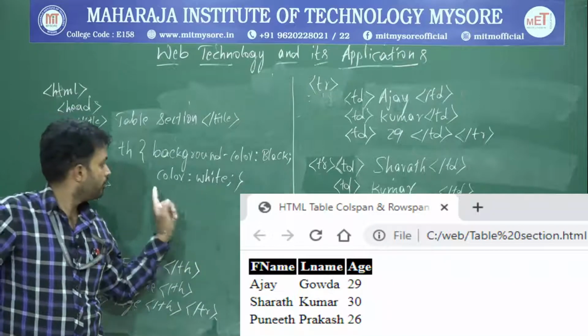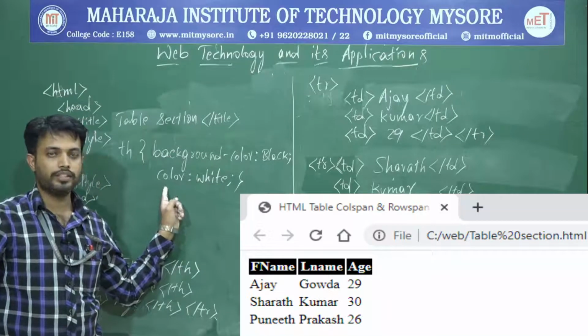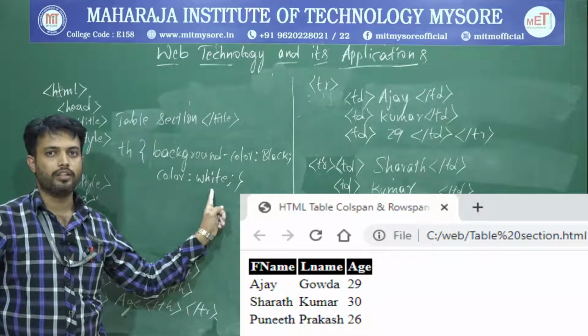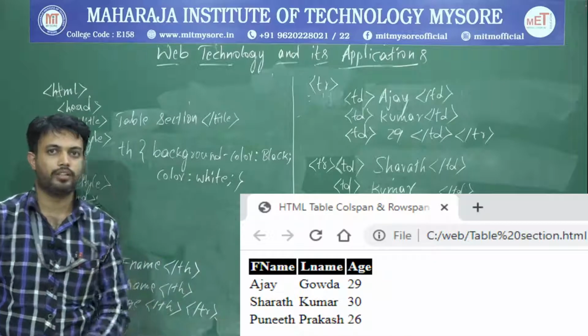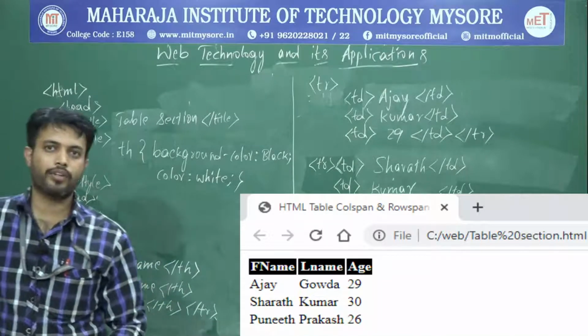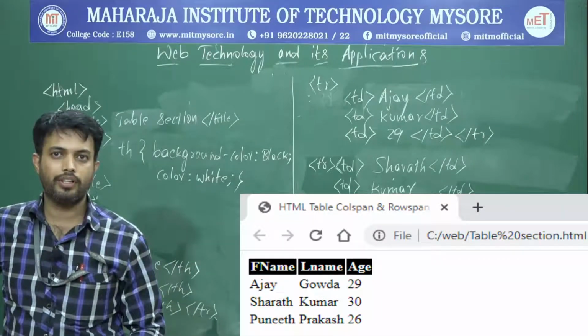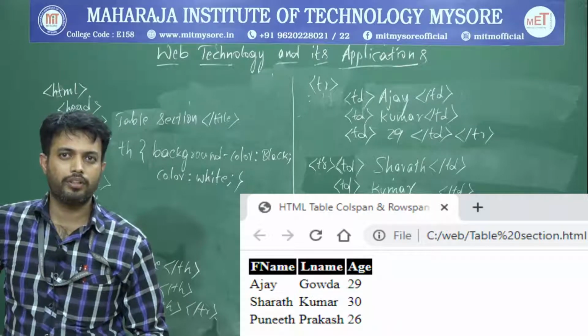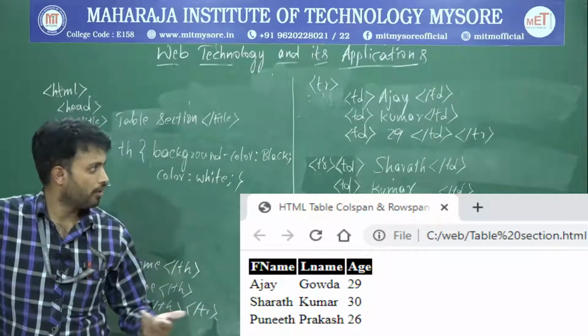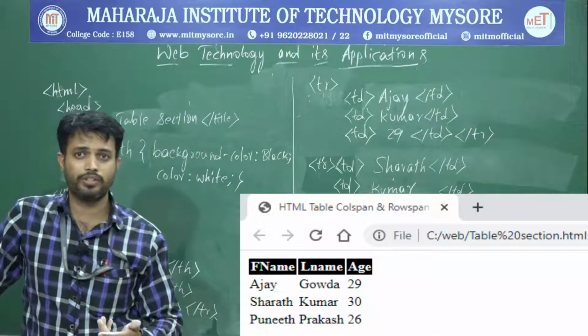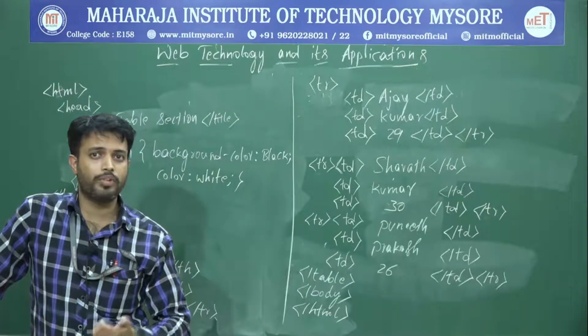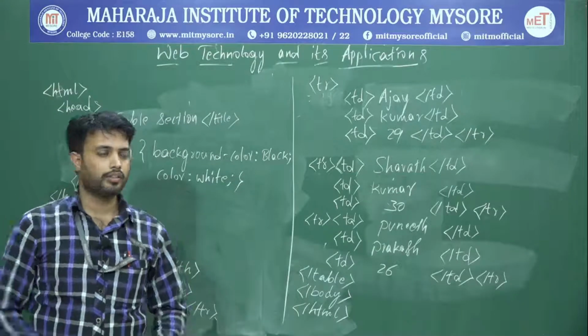Black color. What about the color of the text? It is in white color. Now you can notice that the table is more attractive, it is better to see compared to the previous one, right?